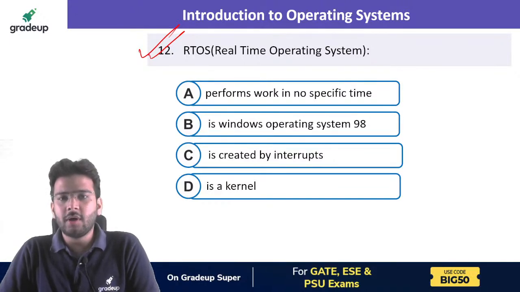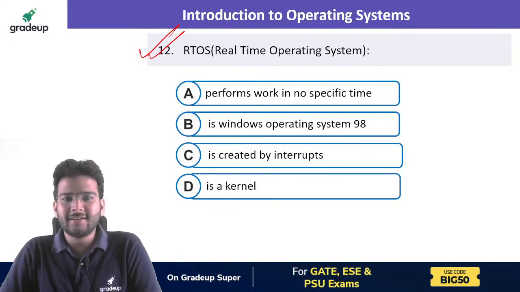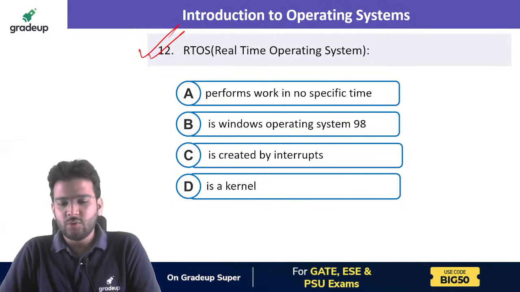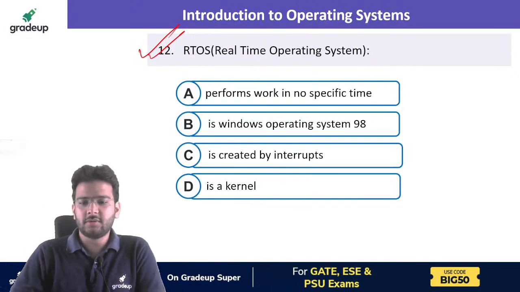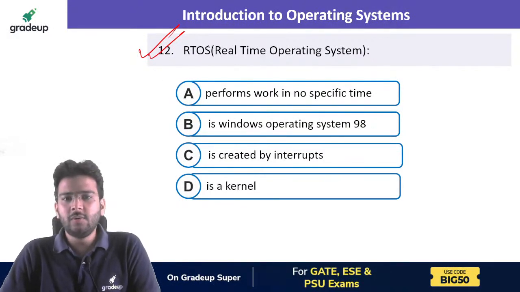So it is talking about a real-time operating system. What should be the answer here? Utkarsh is saying now C is the correct answer. Tushar is saying option B. Irfan Sheikh is saying option D should be the answer. So let's see this now.